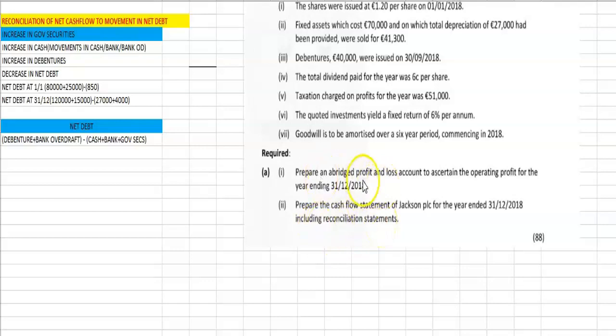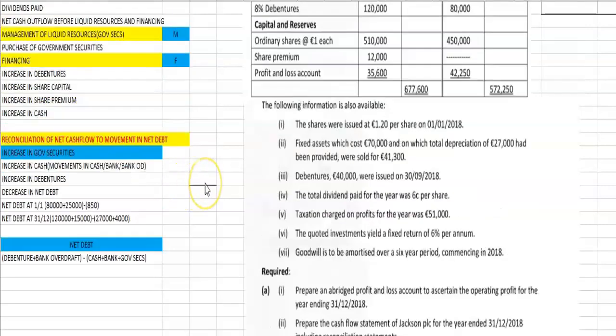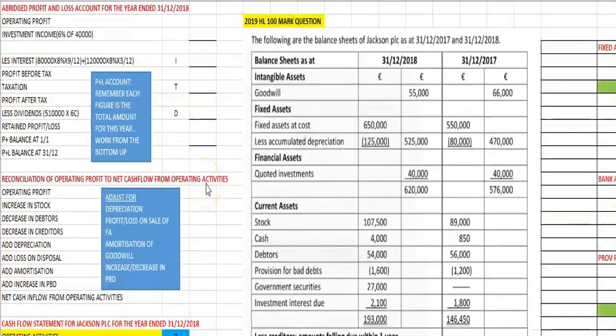So we're going to start by preparing an abridged profit and loss account. An abridged profit and loss account essentially is the bottom part of the profit and loss account. It's the part from operating profit down to the profit and loss balance at the end of the year. So what you should do first is put your heading in and then recreate the bottom part of the P&L by putting in the headings that normally appear there.